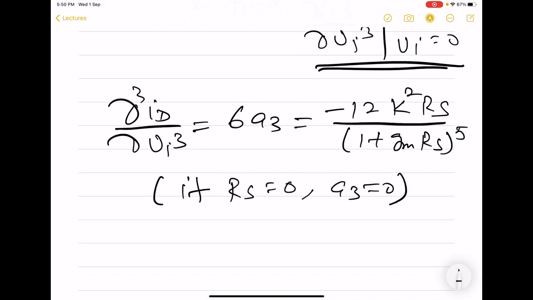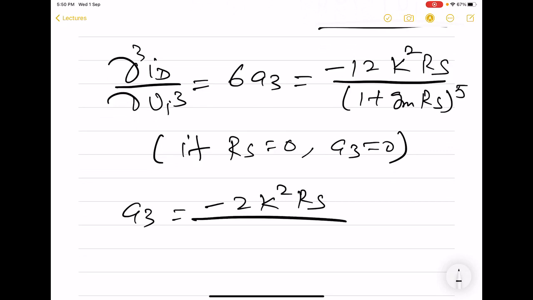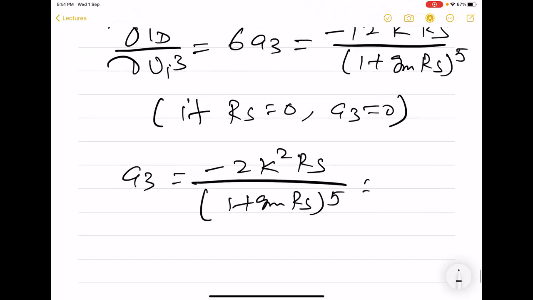And this is what we saw, that in common source, if there is no degeneration with the simple expression for the drain current, there is no third order nonlinearity. So A3 is minus 2 k square Rs by (1 plus Gm Rs) raised to power 5. And here we see that this is negative.